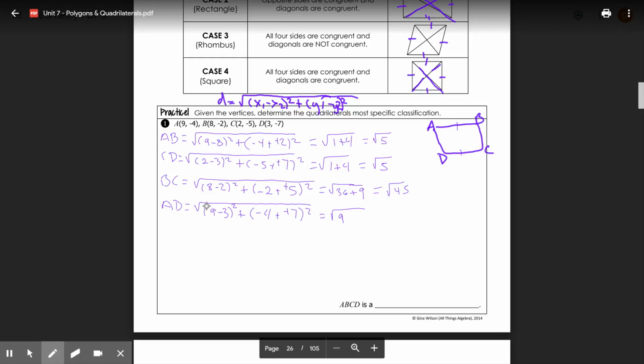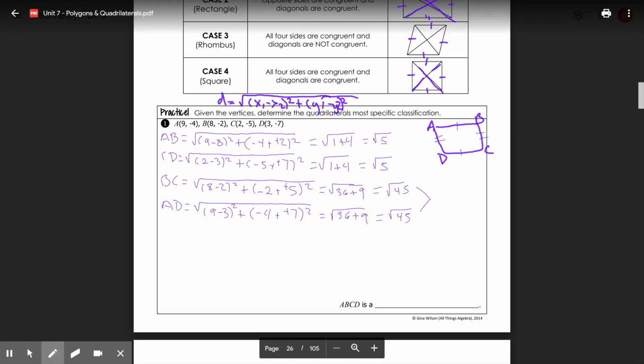Oh, I think I made a mistake here. Let's erase this, because 9 minus 3 is not 3, it's 6. 6 squared is 36. Okay, that's better. And then -4 plus a positive 7, that would be 3, and 3 squared is 9. So this ends up being the square root of 45. Okay, so now we know these two are the same as well. So that makes these congruent.